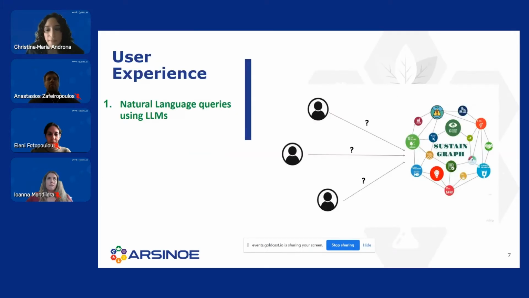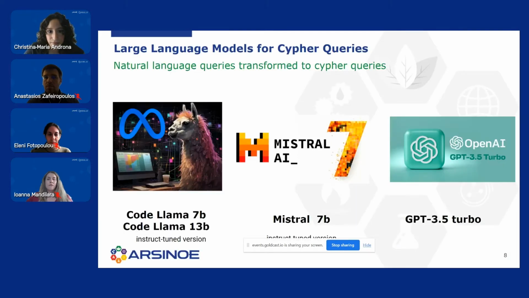Now, in order to make all this data accessible to the end user, and the user that doesn't have a technical background or doesn't know how to write cipher queries, we try to incorporate natural language queries transformed into cipher queries by using large language models.